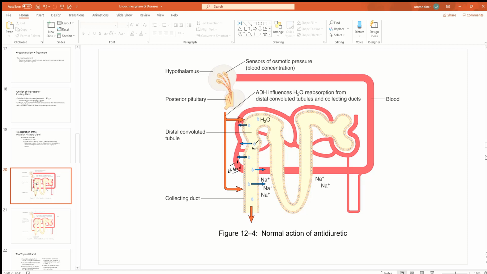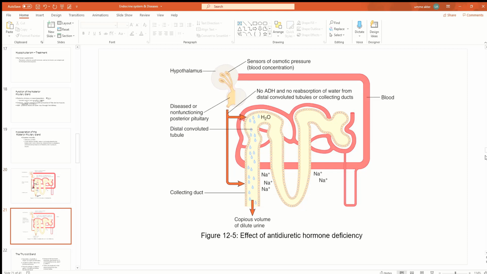So the volume of urine will be less. It works on the kidney tubules and takes the water back into the blood of the body. So blood volume will go up, water in the blood will go up, but the urine production will go down. So that is the antidiuretic hormone.